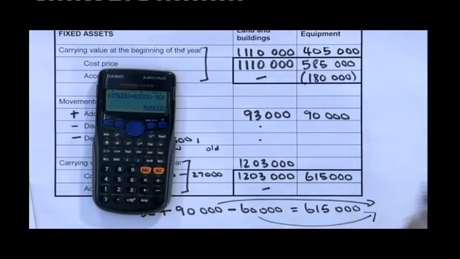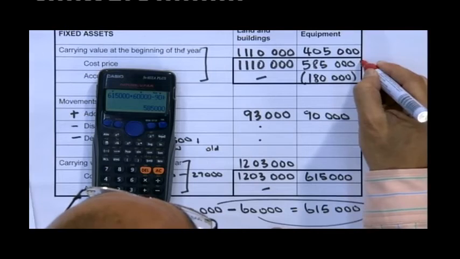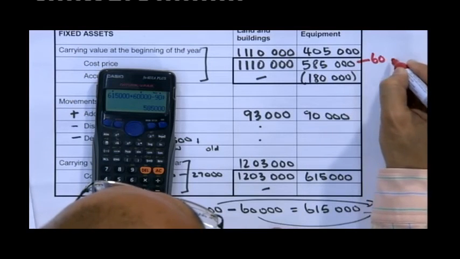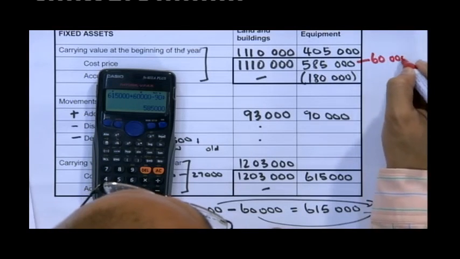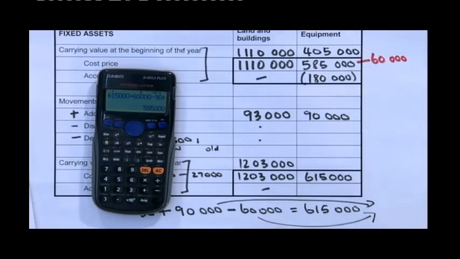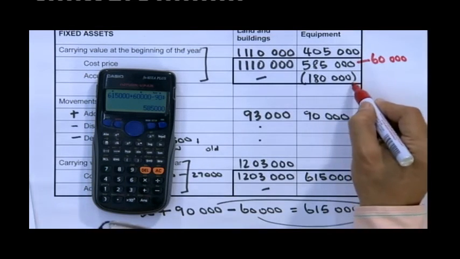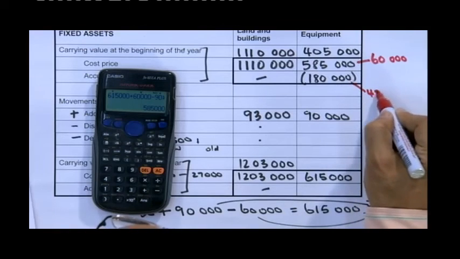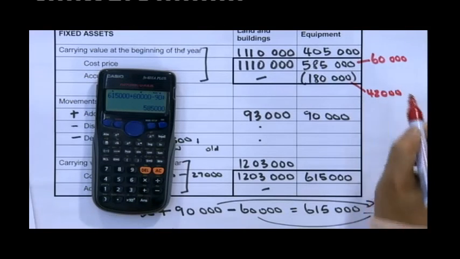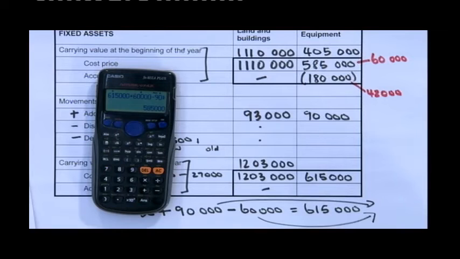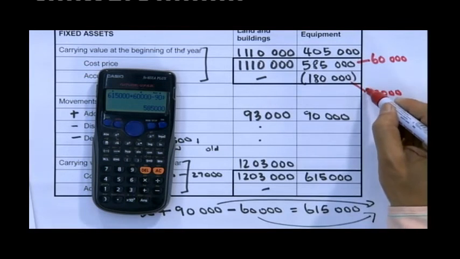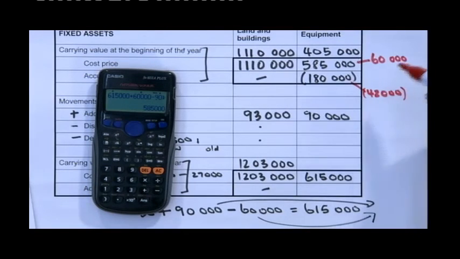Right. Now I know that in the equipment at the beginning of the year, I must take away 60,000, because that is the 60 that we sold. And in the accumulated depreciation at the beginning of the year, I have to take away 42,000, because the 42,000 accumulated belongs to the 60 that we sold.